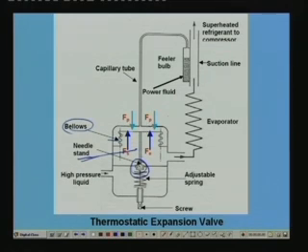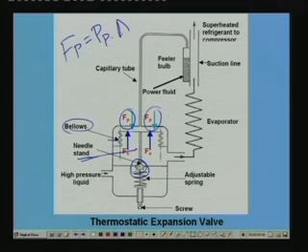For example, if you look at the bellows, the downward force is Fp, and this Fp is due to the pressure of the power fluid. So we can write Fp is equal to Pp into AB, where Pp is the pressure exerted by the power fluid and AB is the area of the bellows.